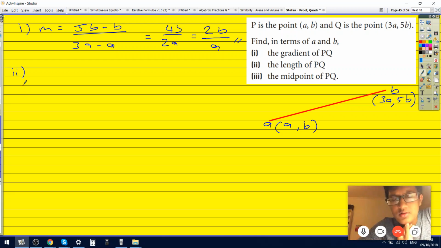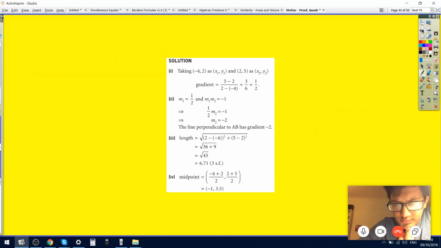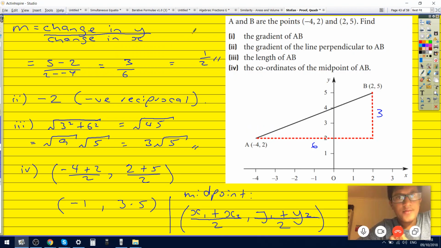Changing y is 4. If I just go back for a second, what do you notice about the gradient for this one and what we put into the square root for Pythagoras?